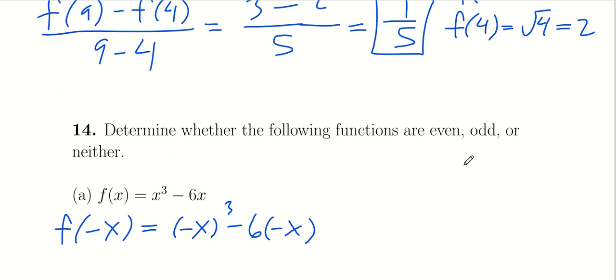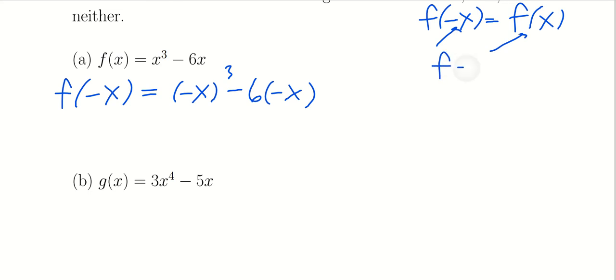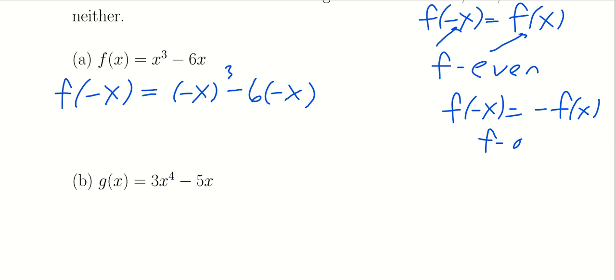As a reminder, if f of negative x equals f of positive x, in other words, if you plug a negative x into the function and you end up getting the same thing as the original expression you started with, then that means that f is even. On the other hand, if you plug negative x into the function and you get the opposite of the original expression, then that would mean that f is odd. And if you get something completely different other than either one of those two, then it would be neither.